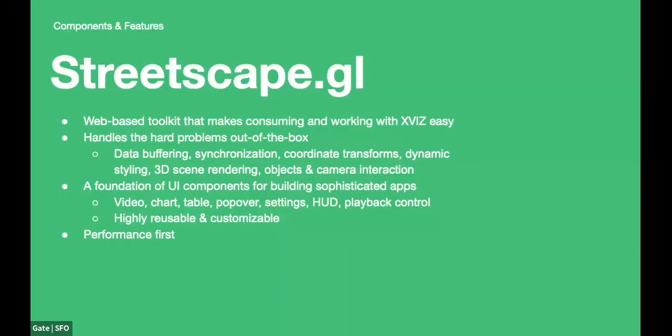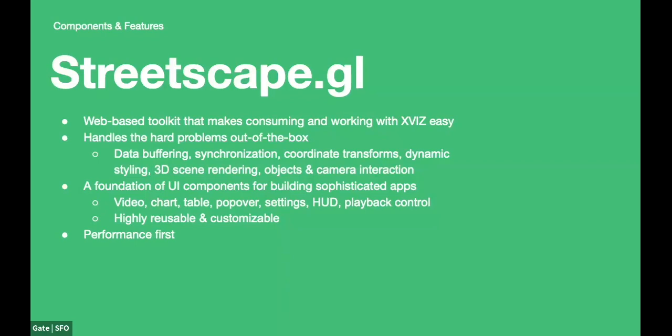Internally, we have multiple clients that understand the XVIS protocol, both on the desktop and in the browser. The open source Streetscape GL library is a web-based toolkit that makes consuming and working with XVIS data easy. We employ what we call the 80-20 philosophy. That is, we handle the hard problems out of the box, such as data buffering, coordinate transforms, 3D rendering, and interaction.